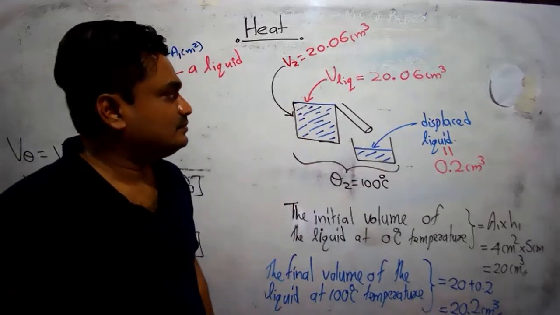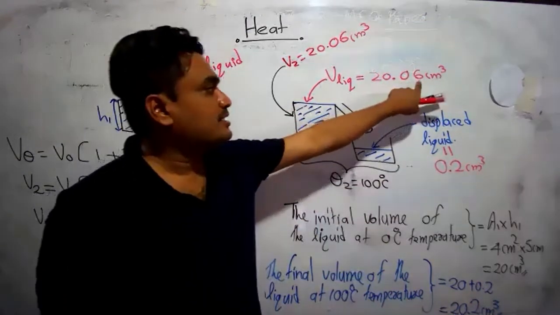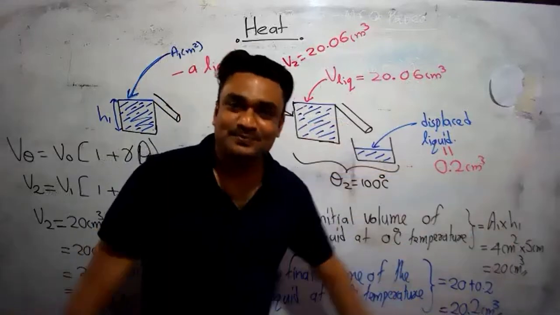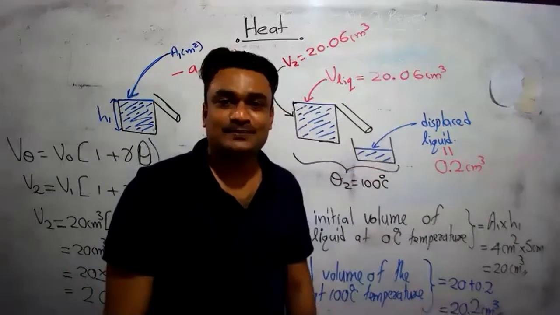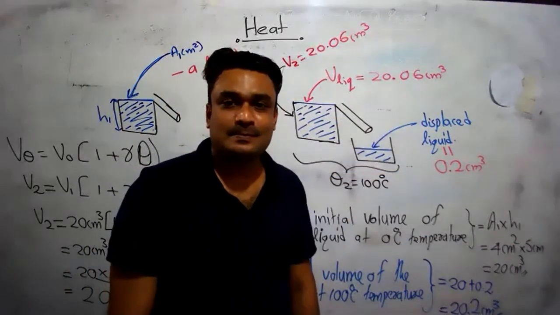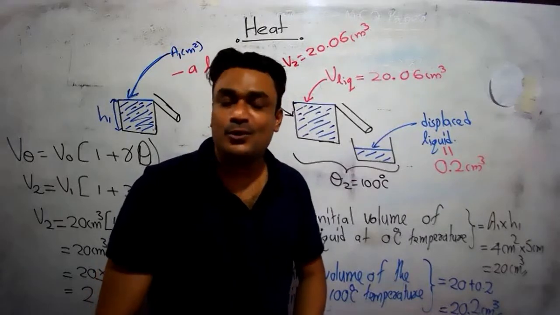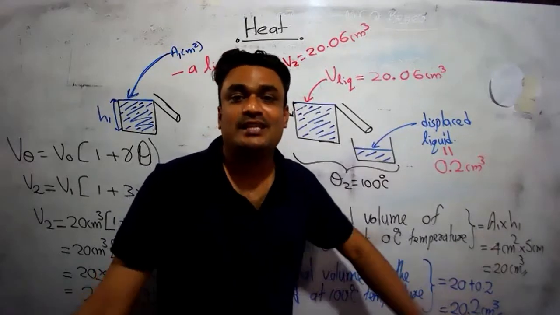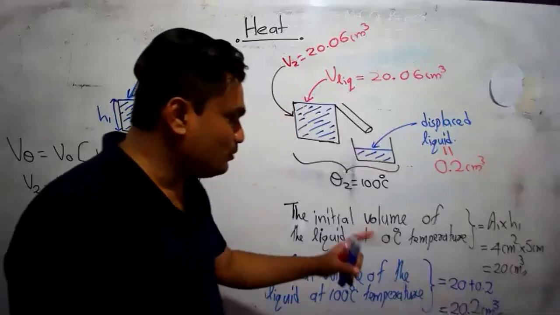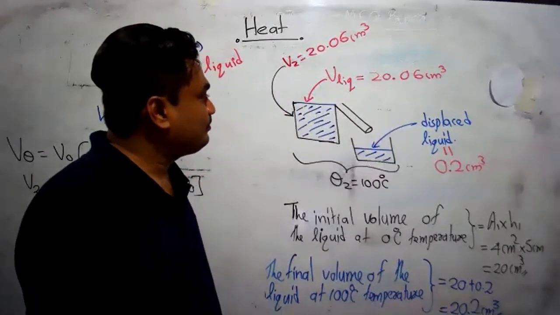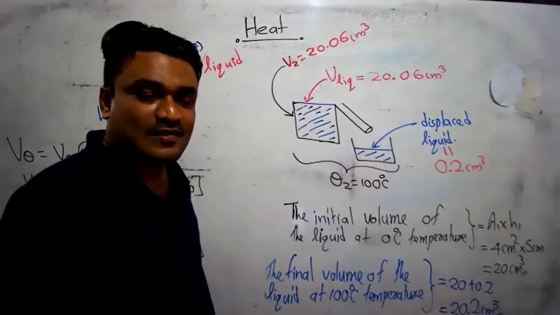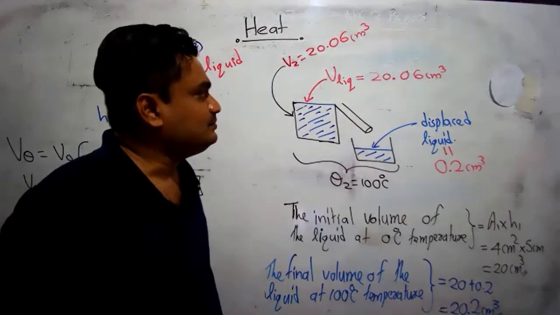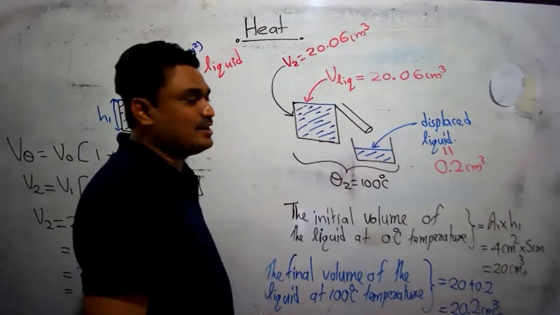V2 plus 0.2. 20.06 plus 0.2. Okay or not? If you are silent, I will also be silent. So what is the final volume of the liquid then? 20.06 plus 0.2. Very good.